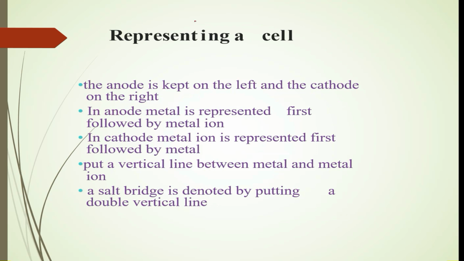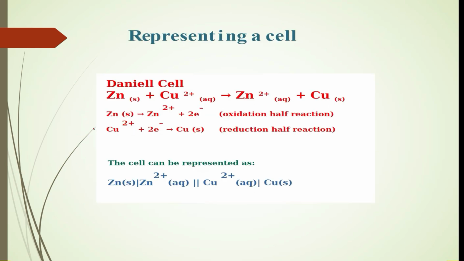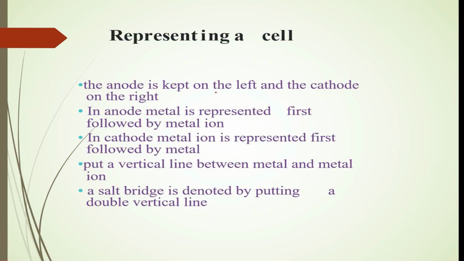Next, representing a cell. How do we represent a cell? In one half cell oxidation takes place, in the other half cell reduction takes place. These two cells we represent like this. This is a cell representation: zinc, Zn2+ metal ion, then Cu2+, and Cu. In representing a cell, the anode is kept on the left and the cathode on the right.